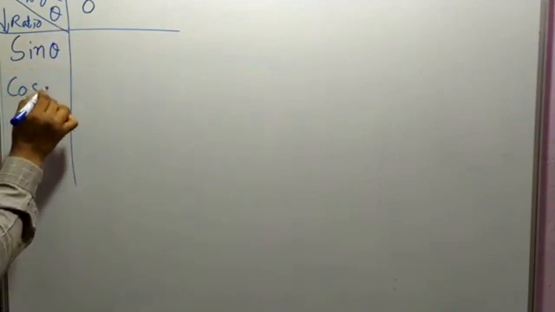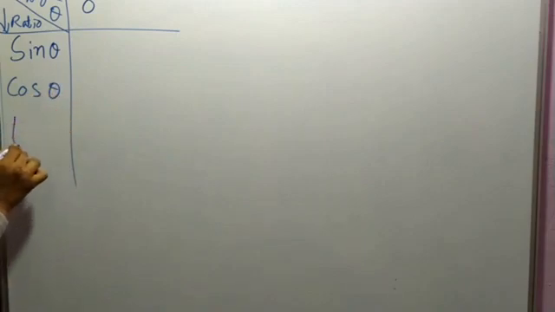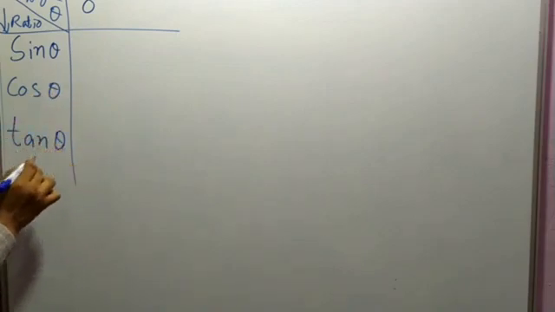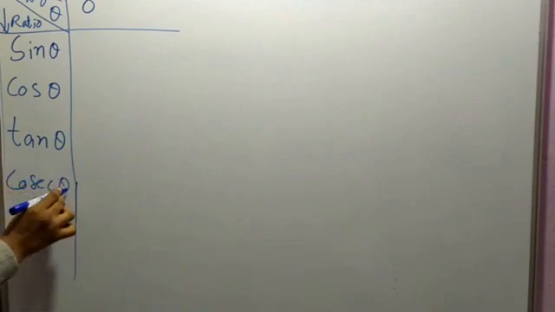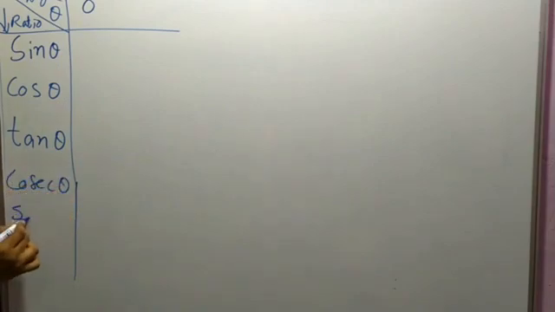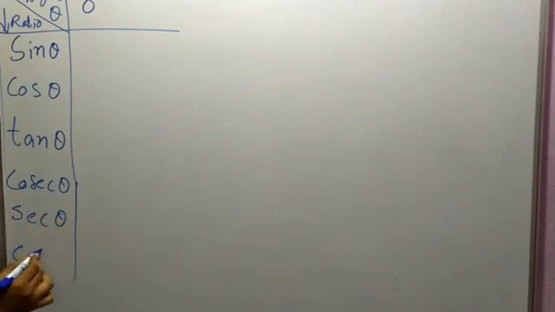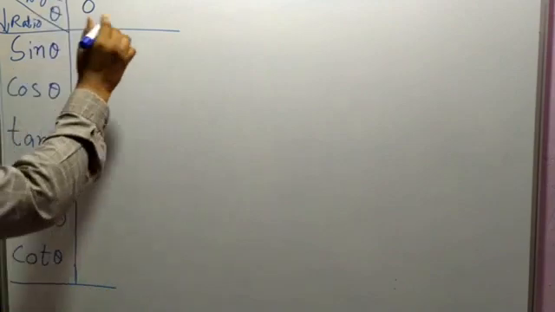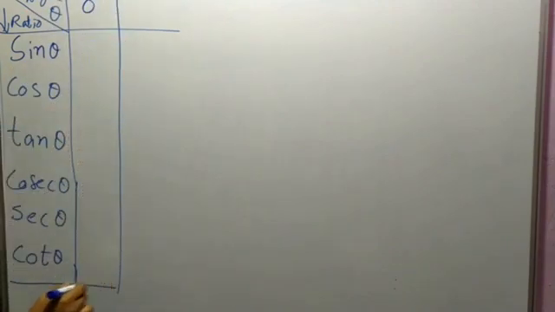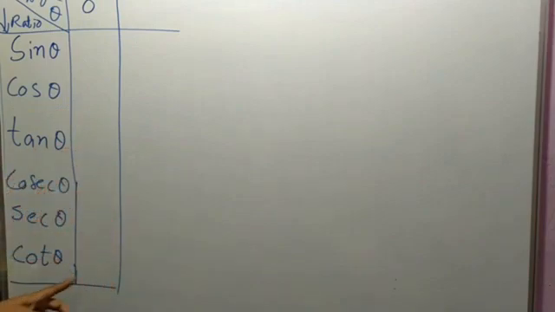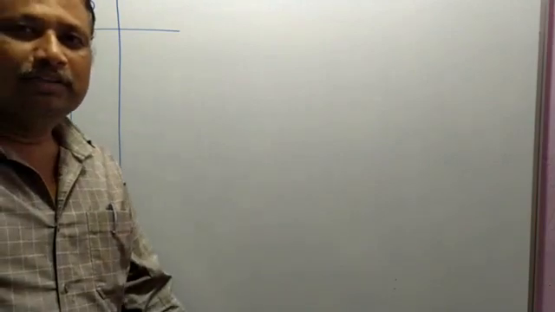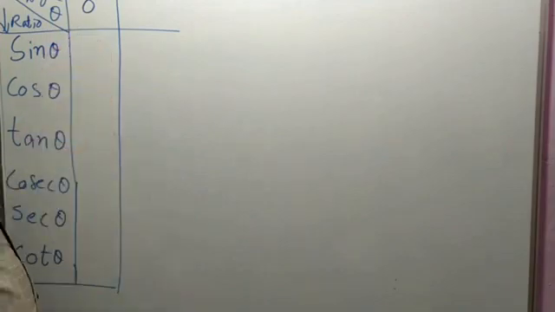Then cos theta, tan theta, cosecant theta, secant theta, and finally cot theta. So we are going to find the values of sine of 0, cos of 0, tan of 0, cosecant of 0, secant of 0, and cot of 0, and see how we get them.